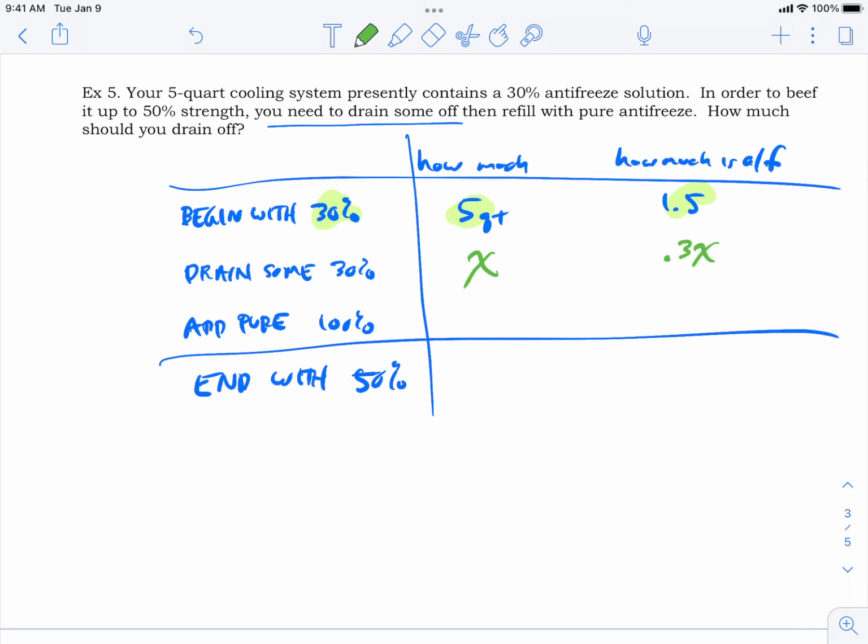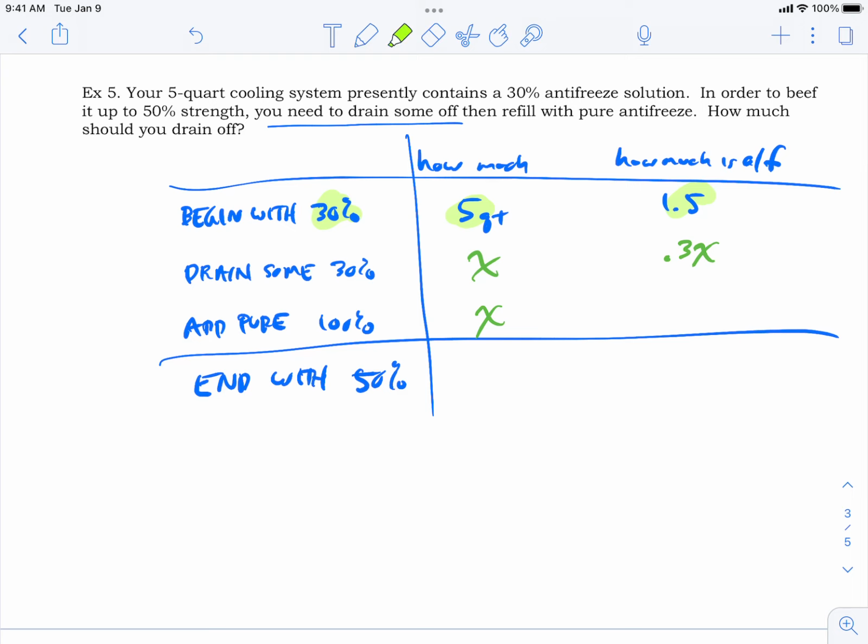Okay. Now I'm going to add some pure stuff. How much? Well, I don't have to use a y, because however much I drain off, I'm going to refill it, right? So I'm going to add the same amount back that I just took out. So that's going to be an x. You don't have to use a y if you know it's the same as what you already used x for. I already used x to stand for how much I'm taking out, and that's how much I put back in, so cool.